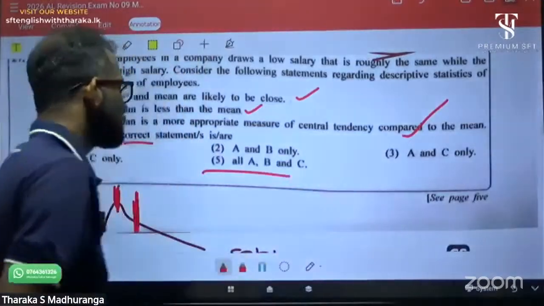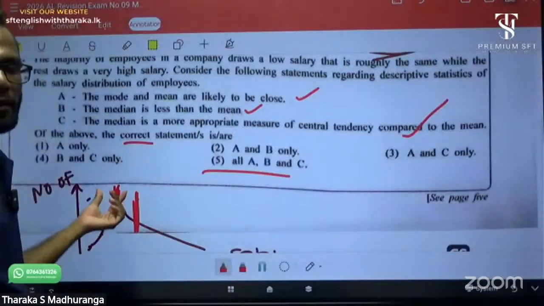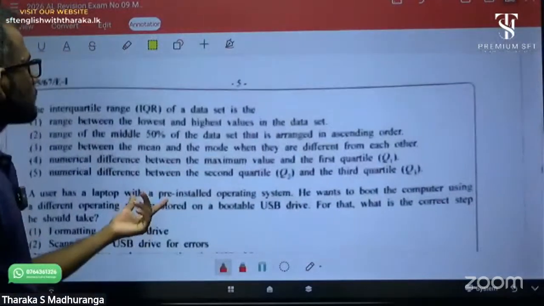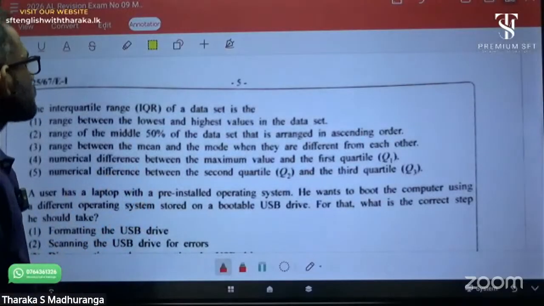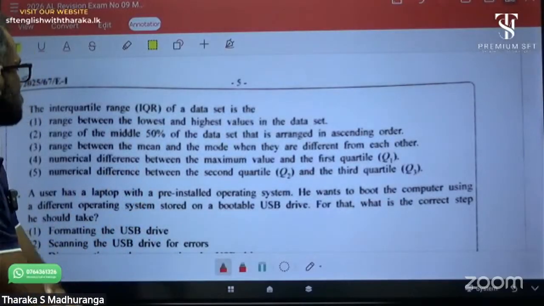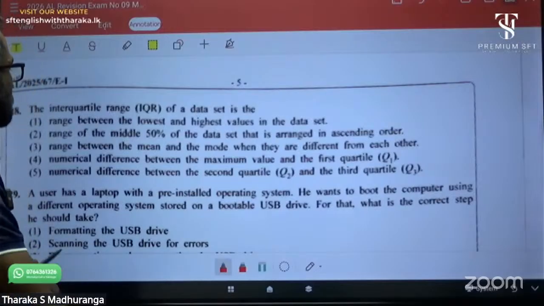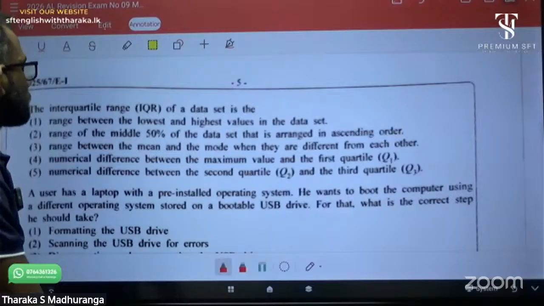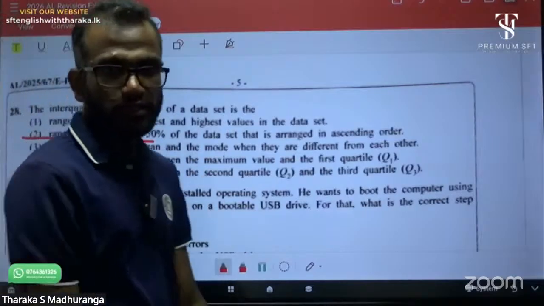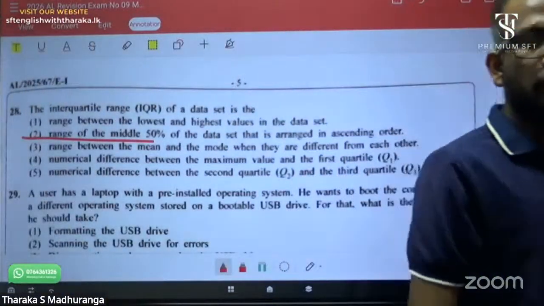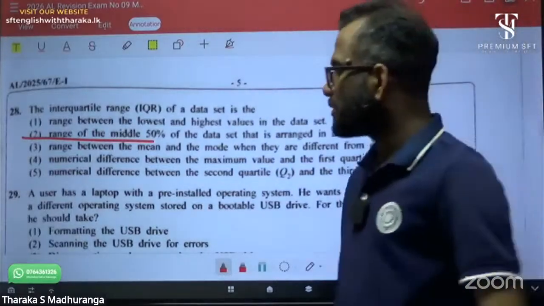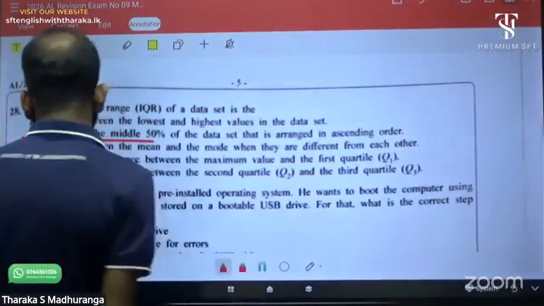All are correct. Now you can compare this type of question. The range between lowest and highest is the range. The range of the middle 50% of the data we call the interquartile range, IQR.